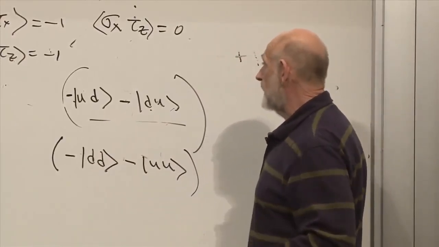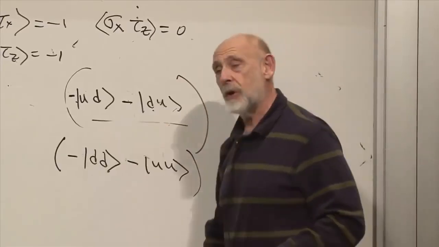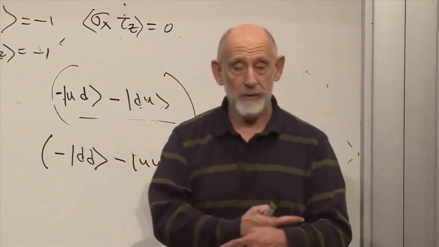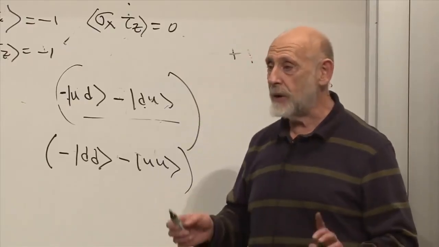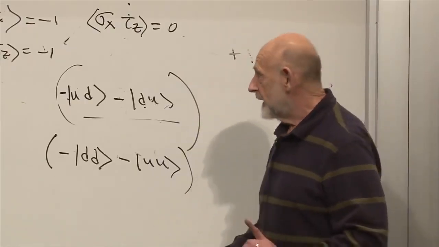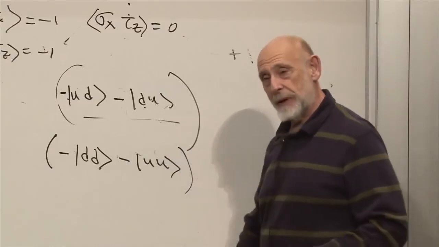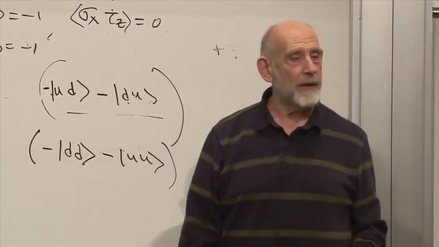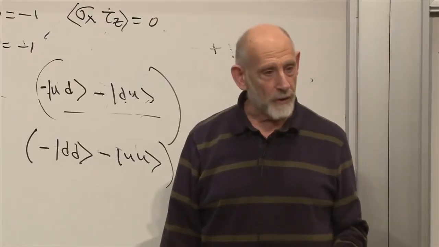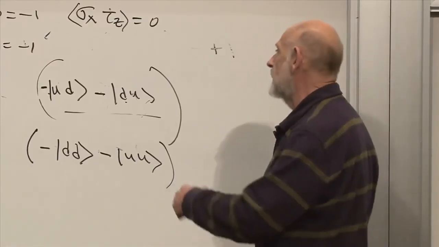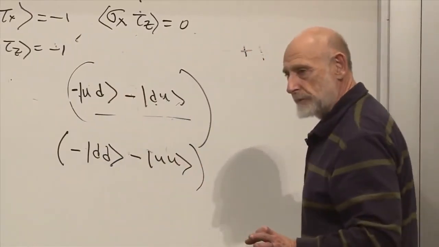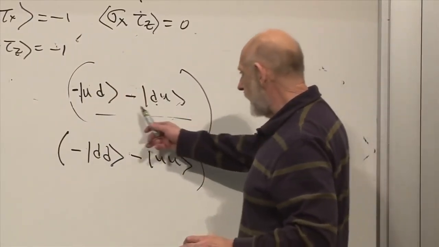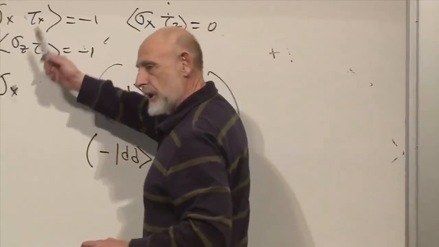But we also found something else out. We found out that they're oppositely oriented in the x basis or in the y basis. Any one of the bases, if you measure any one of the spins, any component of the spin, it automatically tells you what the other one is. Since the product is always equal to -1, this is an eigenvector of any of these products.